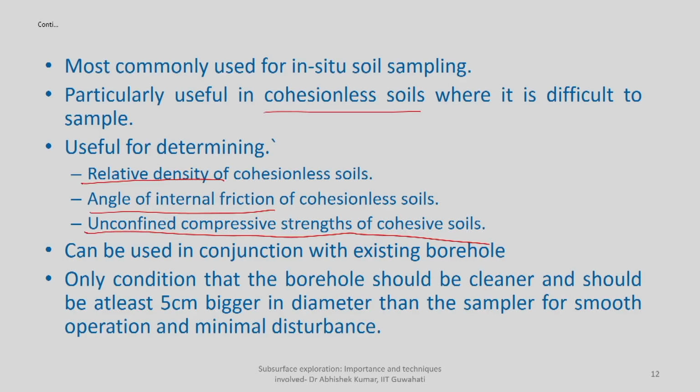You can do boring, and once you require a sample, you can remove your boring assembly and lower your sampling assembly to that particular depth. Once your sample is achieved, replace the sampling assembly again with the boring assembly, and keep on doing the same exercise until you reach the desired depth, or otherwise you face some other kind of material where SPT or the boring method you are using is not applicable.